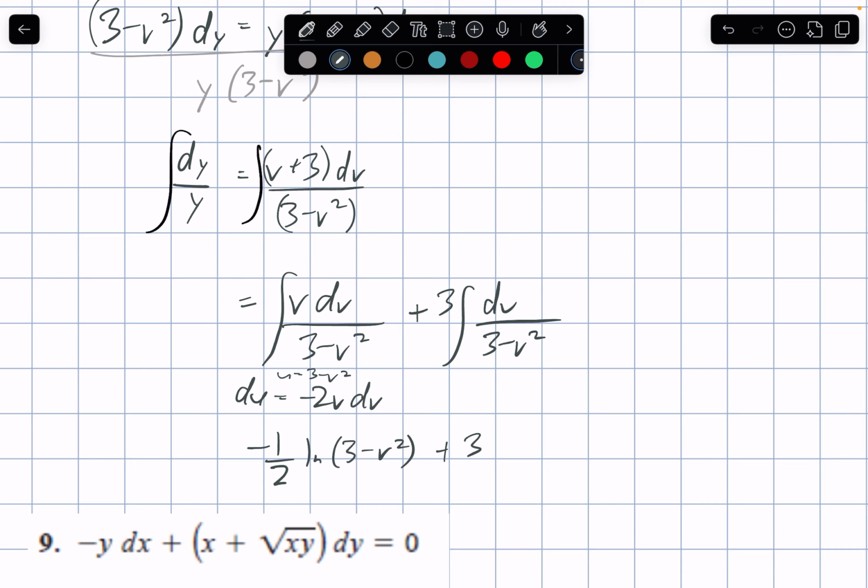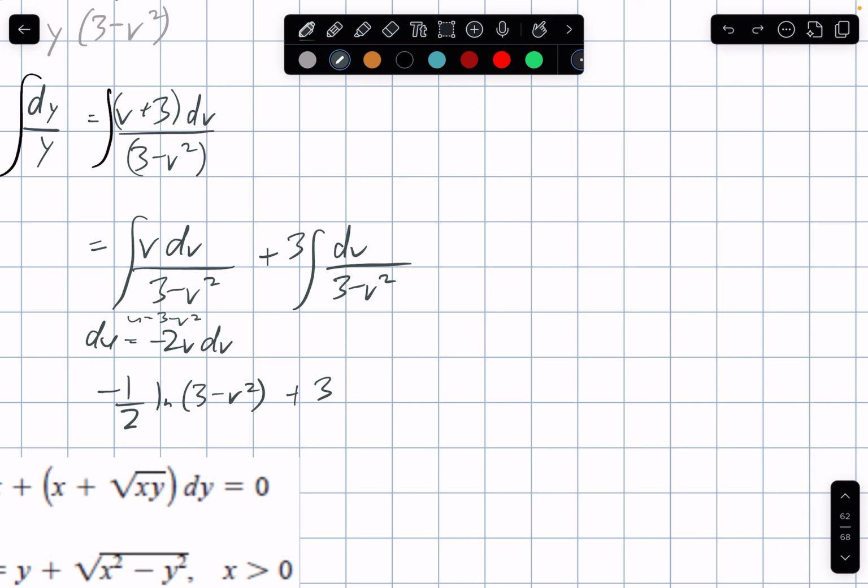Plus 3, a squared minus u squared. But then there's no square root. That could have been arcsine. So partial fraction.